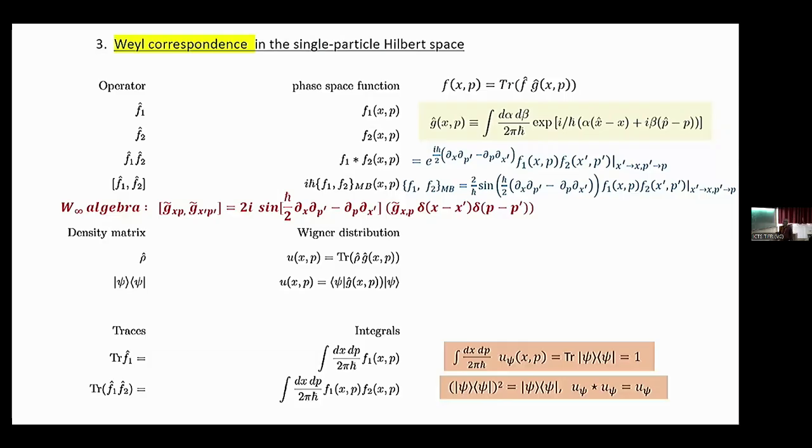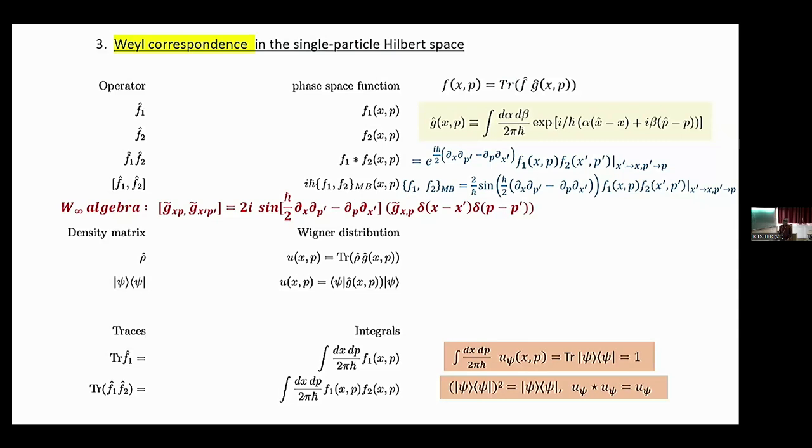And if this was a projector, a pure state corresponding to the wave function psi, then of course this just becomes an expectation value, and this indeed is the definition. So if you go back to the definition of the Wigner distribution, you will find that this indeed is a Wigner distribution. So what do you learn from here? That the Wigner distribution is just the phase space function corresponding to a state, whether it's a mixed state or a pure state. All right.